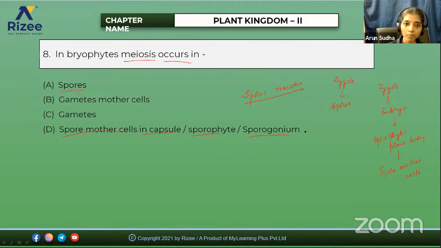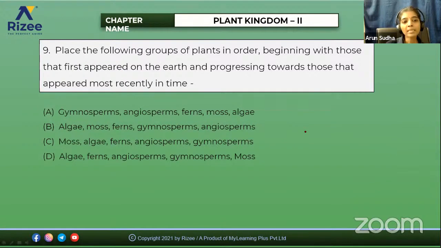Then next, place the following groups of plants in order, beginning with those that first appeared on the earth and progressing towards those that appeared most recently in time: gymnosperms, angiosperms, ferns, moss, algae. Which order will it be? Algae, moss, ferns, gymnosperms and angiosperms; moss, algae, ferns, angiosperms, then gymnosperms; algae, ferns, angiosperms, gymnosperms and moss.